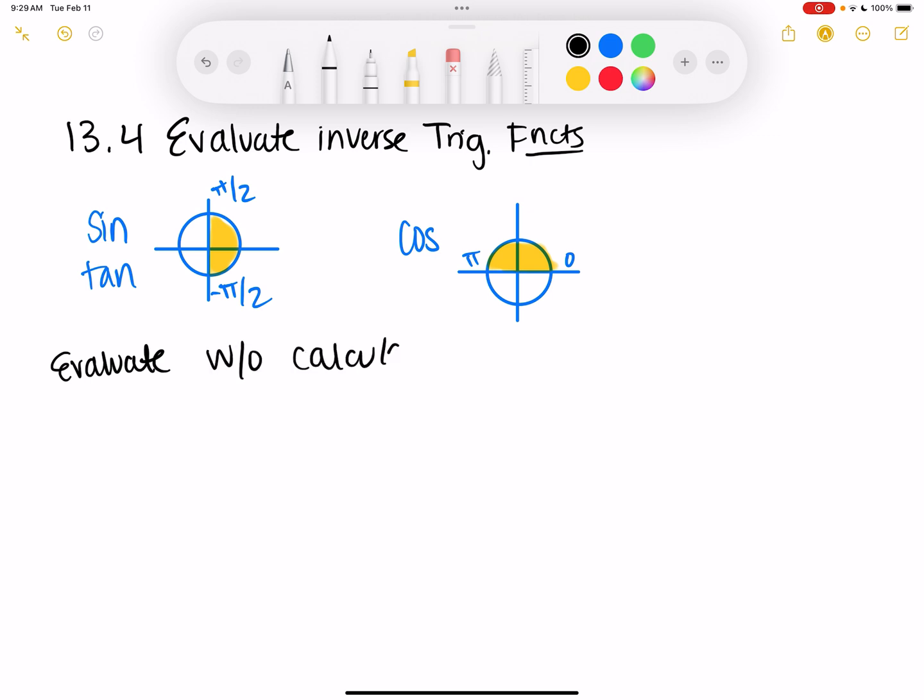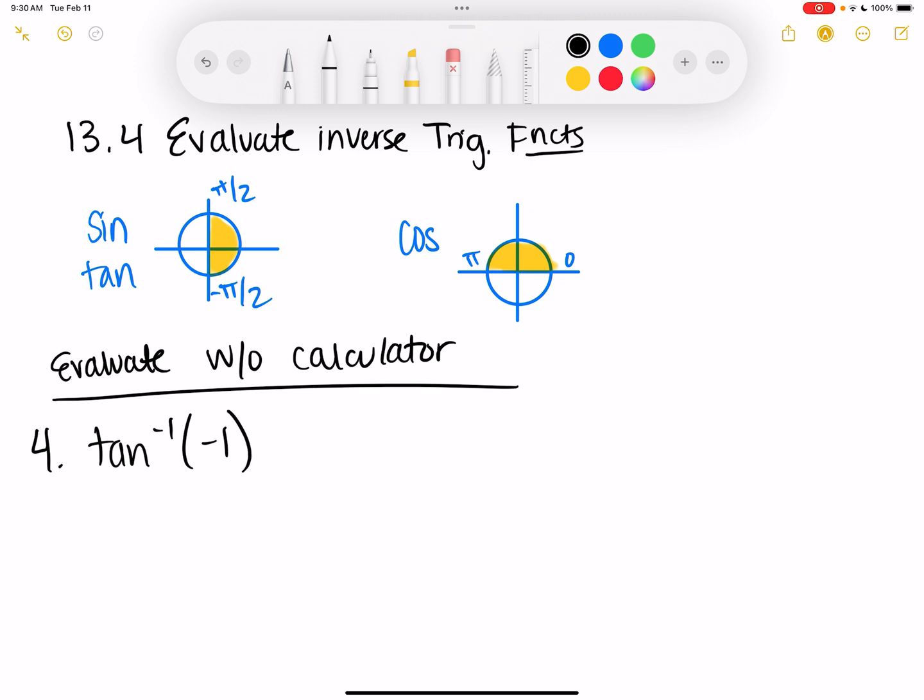Alright, so evaluate without a calculator means use your unit circle. And they want the answer in degrees and radians. So, the inverse tangent of -1. I'm looking for where tangent is -1, but it can only occur on the right-hand side.